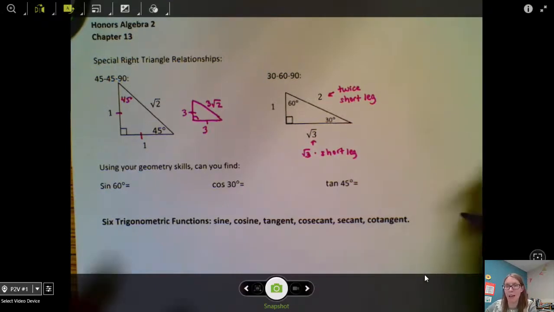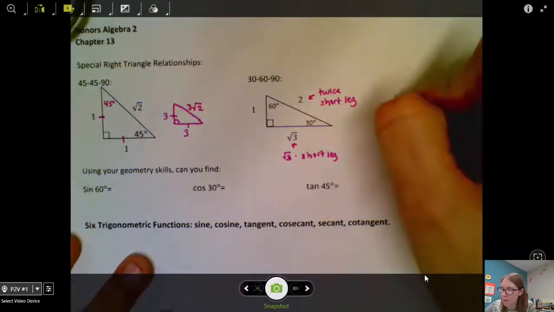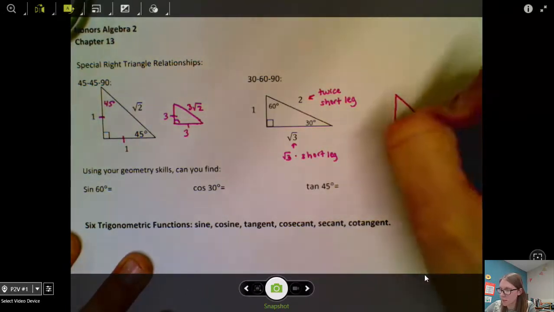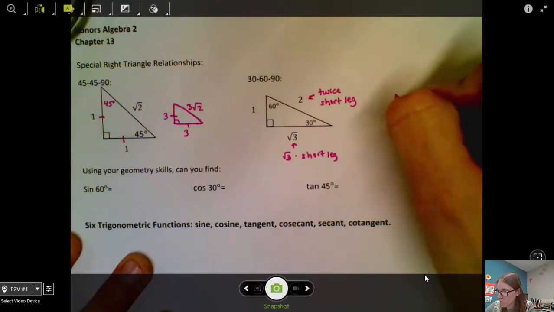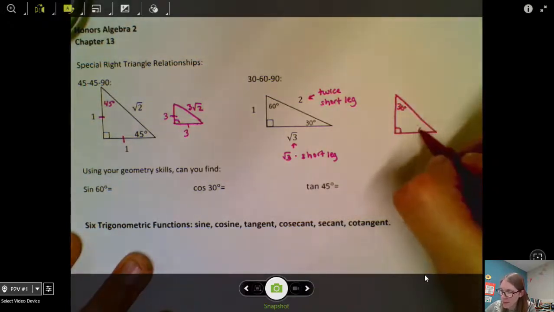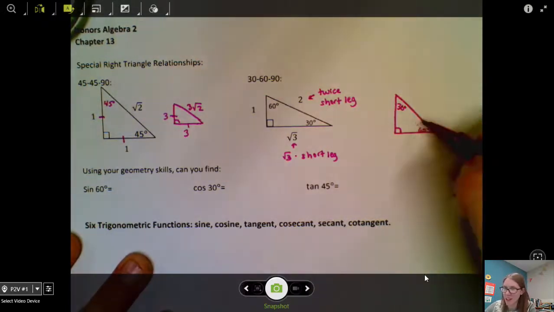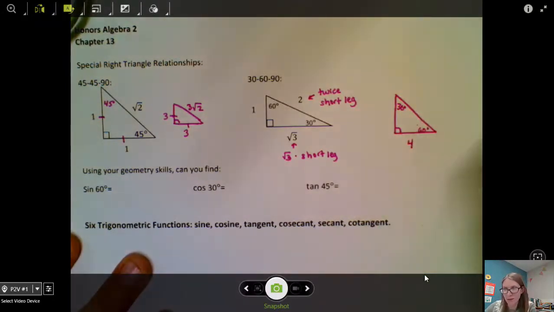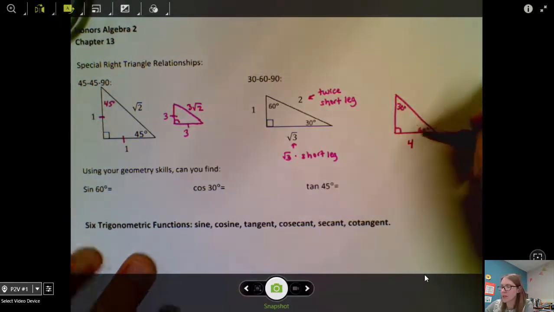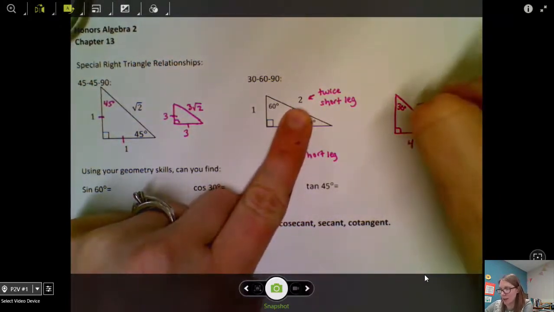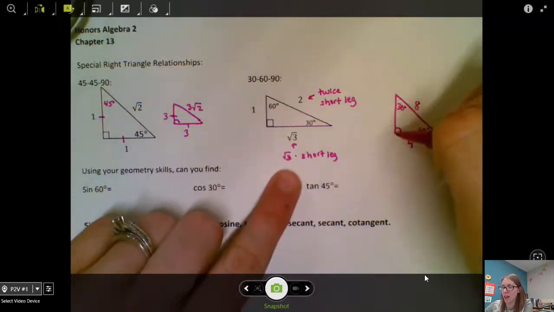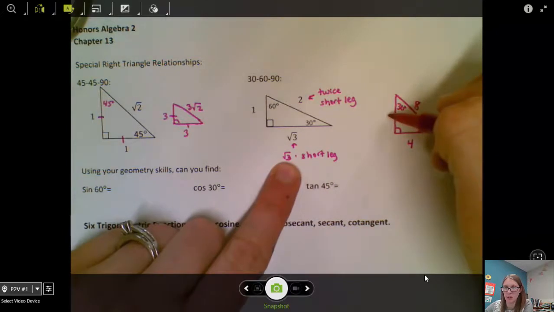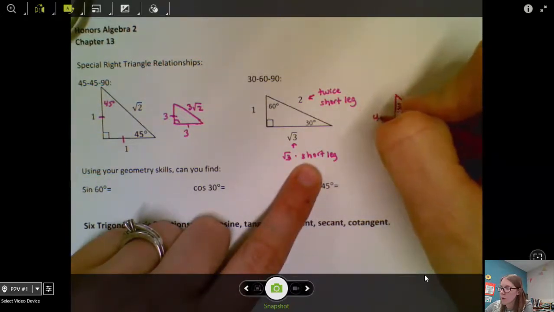And again, if I have a 30-60-90 triangle where this short leg is 4, the hypotenuse is twice that, so the hypotenuse would be 8, and your long leg is the square root of 3 times your short leg, so the square root of 3 times 4, or 4 square root of 3.